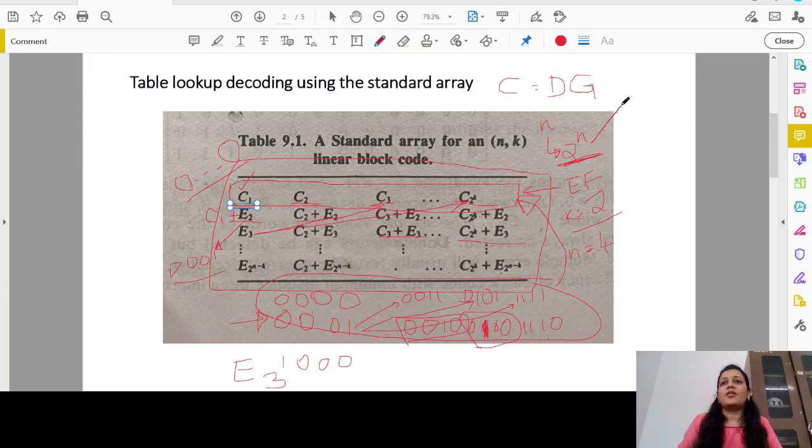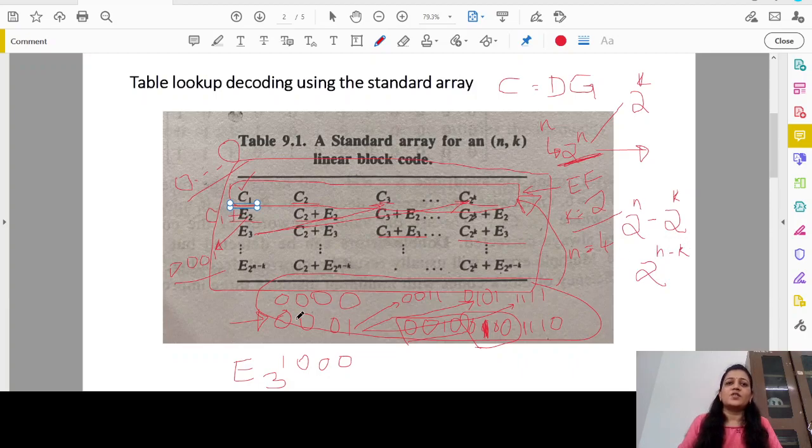That means that out of 2 power n elements, you know the column size, which is equal to 2 power k. Therefore, the number of rows should be taken in order to match this value. That is, the total number of rows should be 2 power n, the total number of elements, divided by 2 power k, or I can say 2 power n minus k.